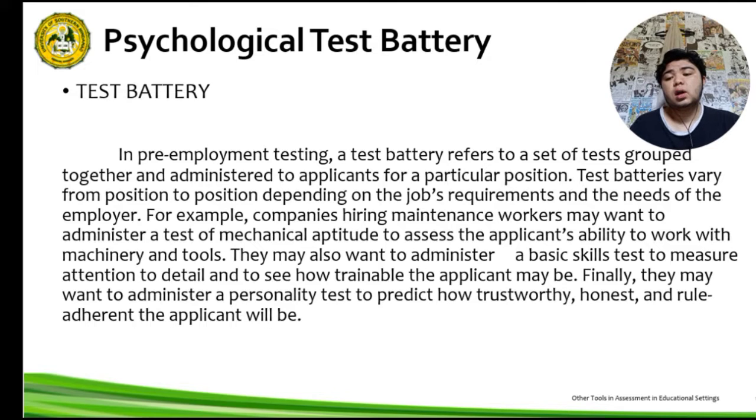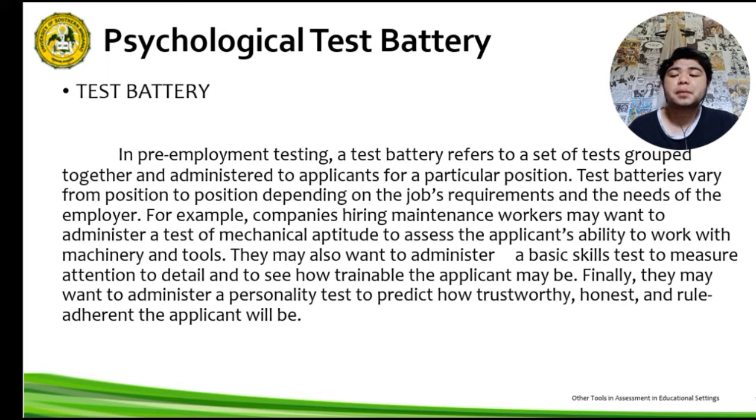Again, a test battery refers to a set of tests grouped together and administered to applicants for a particular position. Test batteries vary from position to position depending on the job's requirement and the needs of the employer. For example, companies hiring maintenance workers may want to administer a test of mechanical aptitude to assess the applicant's ability to work with machinery and tools.